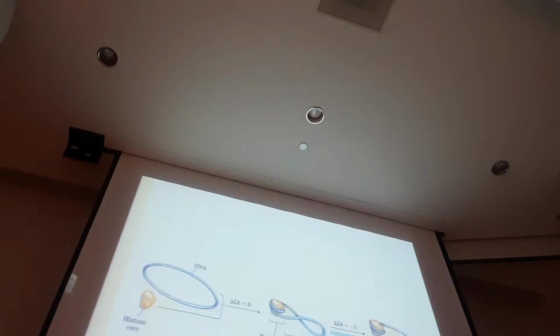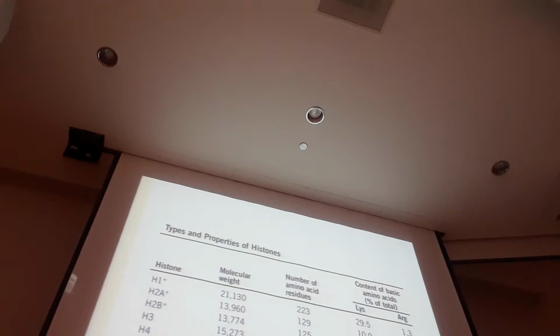Okay, so this slide just shows that then we may need topoisomerases to remove conformational strain. Never mind, it's not of such great importance. What is of greater importance is to take a look at this table to understand some structural features of the proteins that actually participate in this condensation process here, namely histones.